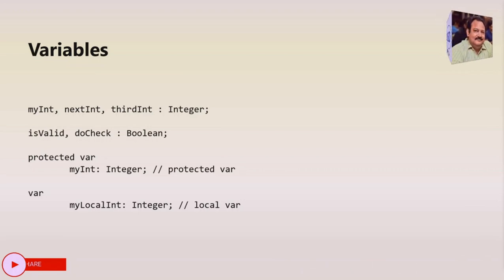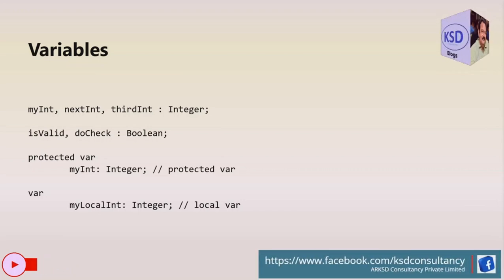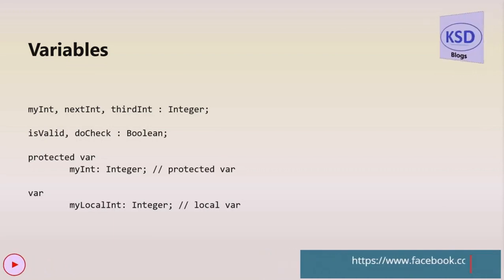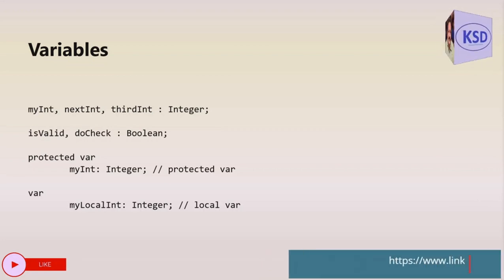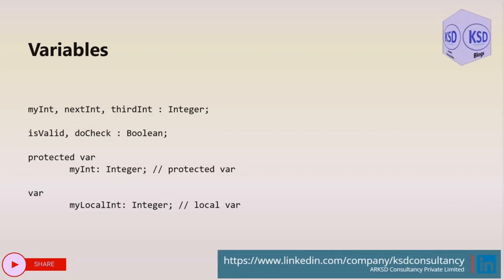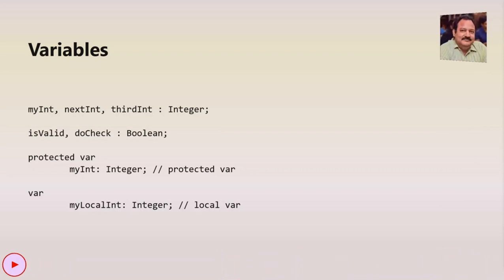In my example, MyInt, NextInt, and ThirdInt are all defined as integer type. Similarly, these two variables are defined as boolean.